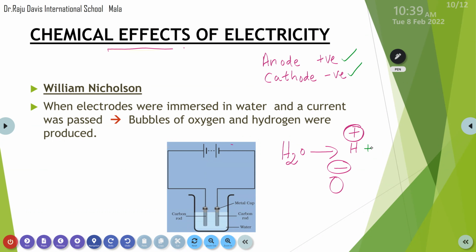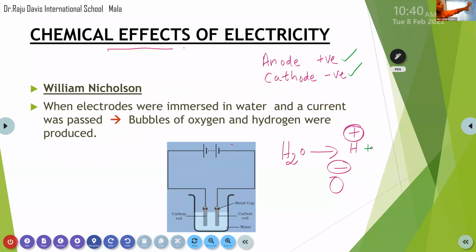And one more thing that you studied in physics: same charges repel and opposite charges attract. Okay.